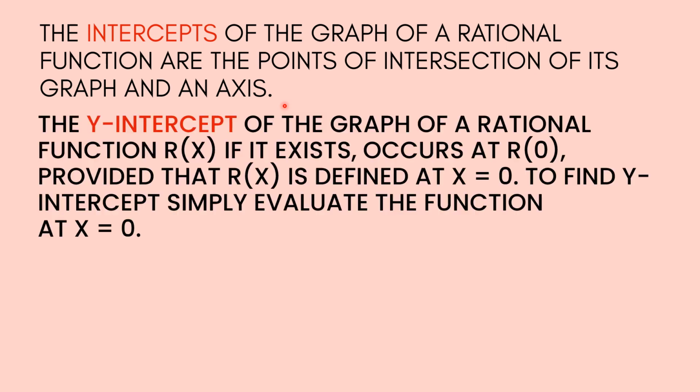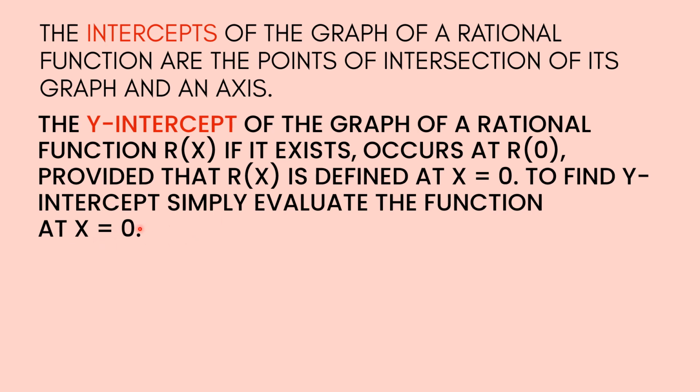Next, the second term is y-intercept. The y-intercept of the graph of a rational function, r of x, if it exists, occurs at r of 0, provided that r of x is defined at x is equal to 0. To find the y-intercept, simply evaluate the function at x is equal to 0.